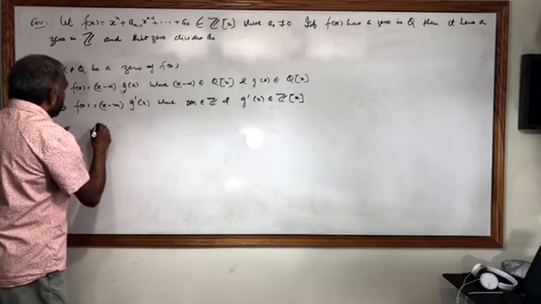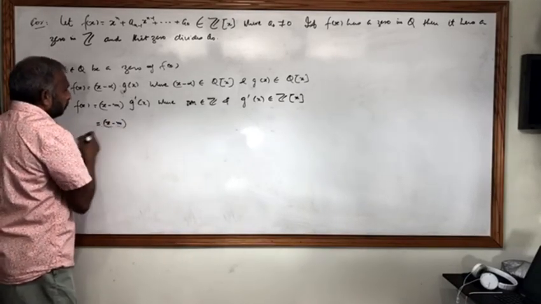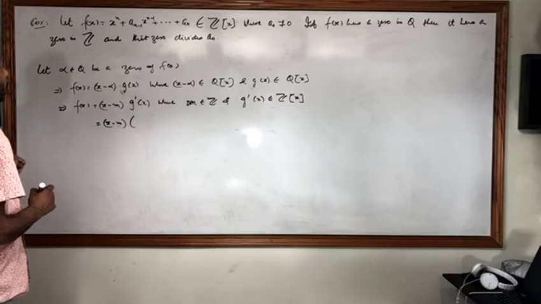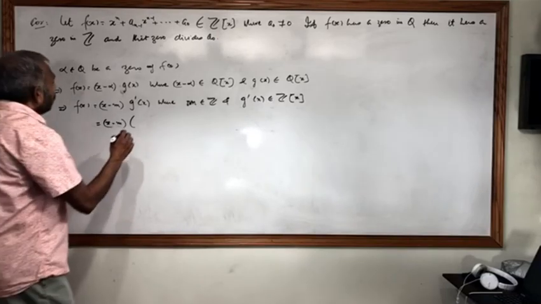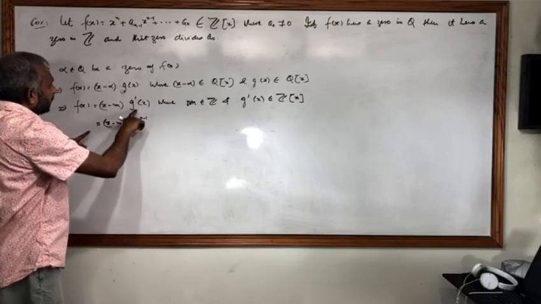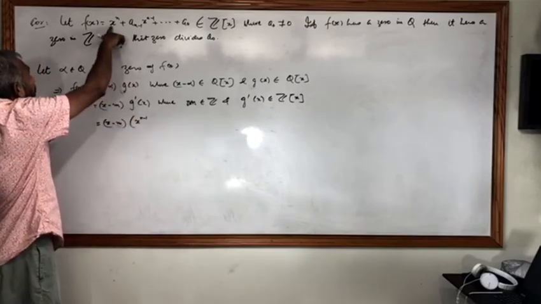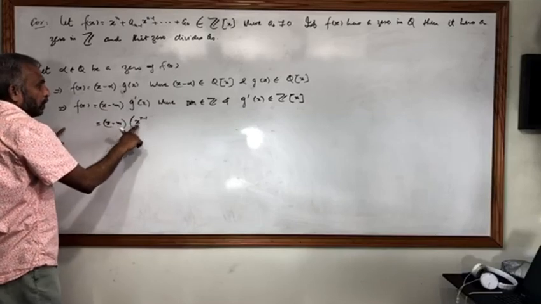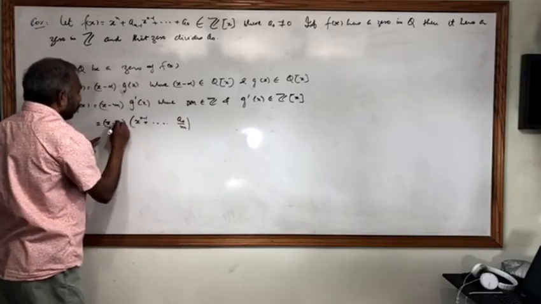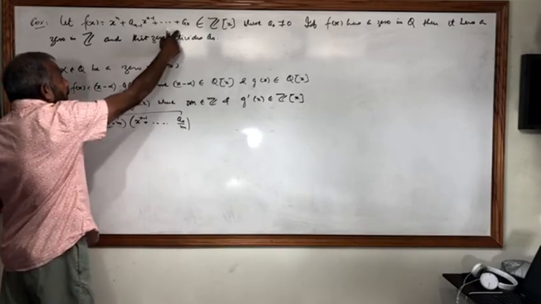So this one will be x minus m times x to the power of n minus 1, because this is of degree 1 less than n, and the coefficient of x to the power of n is 1, and this is also 1, so this has to be 1, plus and so on, and the last term will be a0 by m, because that is the only constant term, and when you multiply it has to be a0.